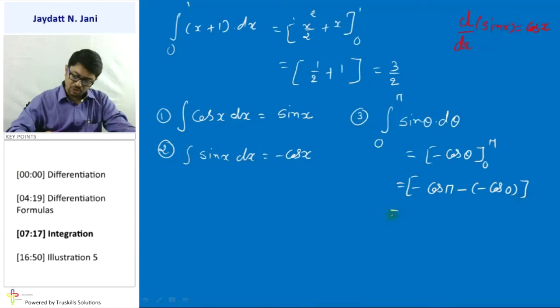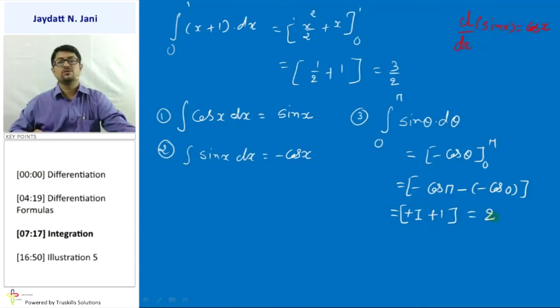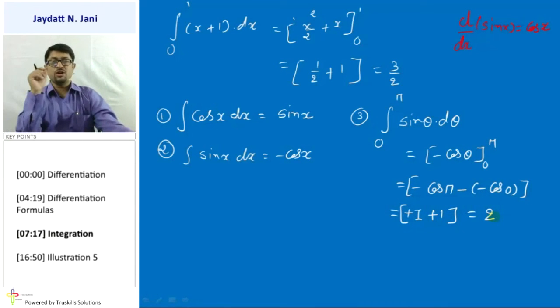Here from the unit circle, you know very well, cos pi is minus 1, and minus and minus make plus, and cos 0 is also 1, that is equivalent to 2. So I hope you understand the use of differentiation and integration.